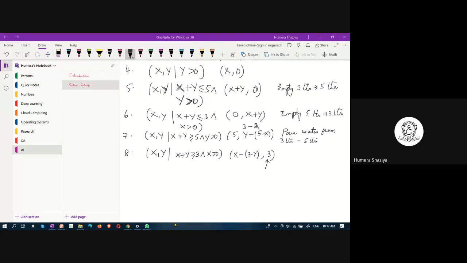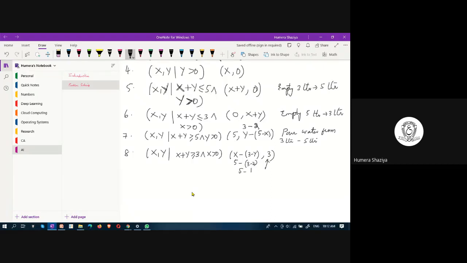Suppose the 3 liter jug had 2 liter water earlier and the 5 liter jug had 5 liter water. Then what are you doing? The 3 liter jug had 2 liter, so 3 minus 2 is equal to 1.